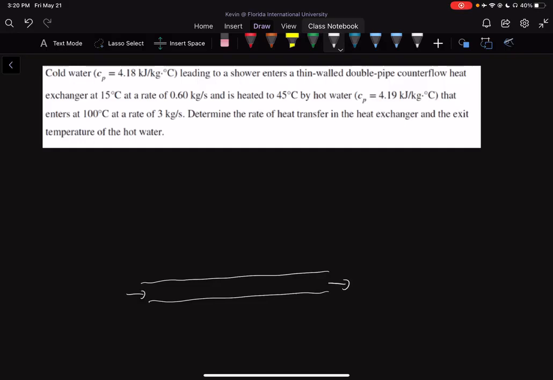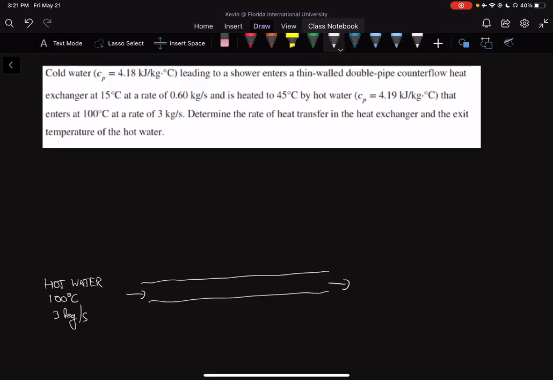Okay, so this is going to be the hot water. And we're told that this hot water enters at 100 degrees. So we know that the temperature of the water is 100 degrees and comes in at a rate of 3 kilograms per second.